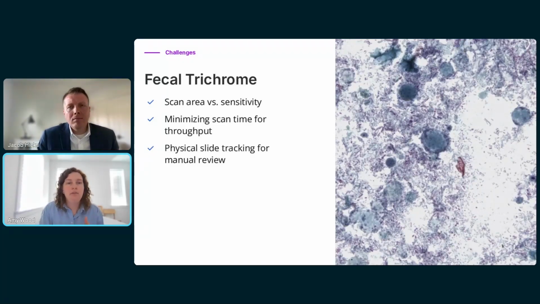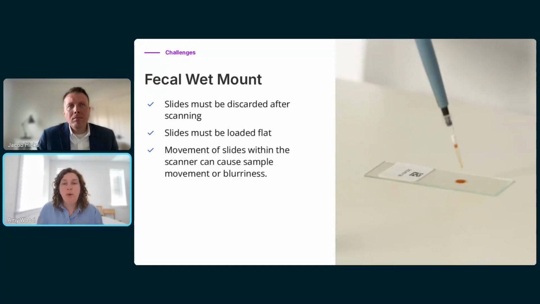So tracking the physical location of the slide is really important for this workflow. That's quite different than the fecal wet mount samples, where because this is a wet mount and it's drying over time, as soon as we scan it, these are going to be discarded.